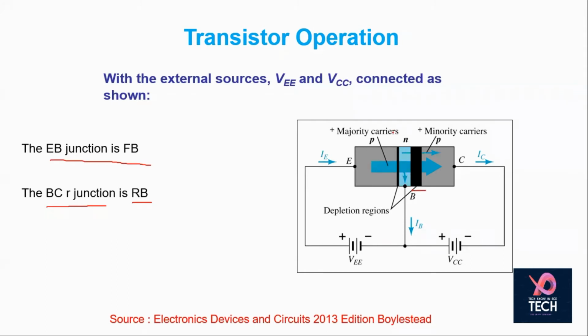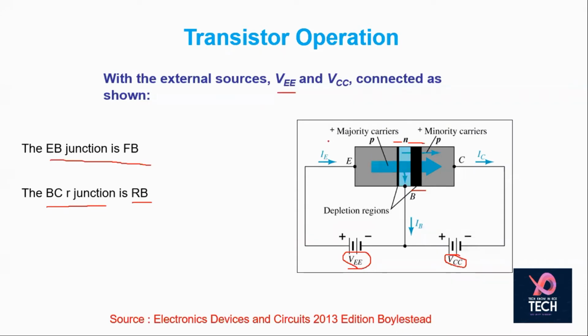That accounts for your resistances: this resistance is small and this resistance is more. Another thing, we are providing external sources. This is the emitter source, named VEE, and this is the collector source, known as VCC, so that we get a very good idea about how things are.